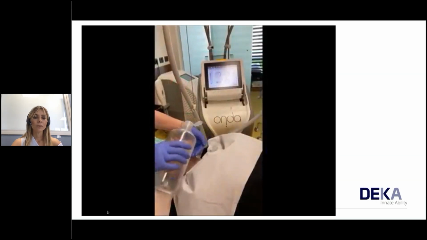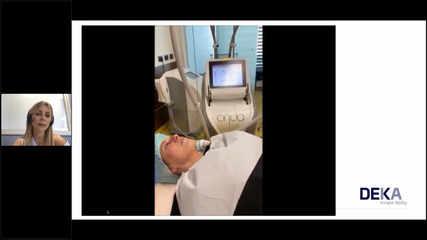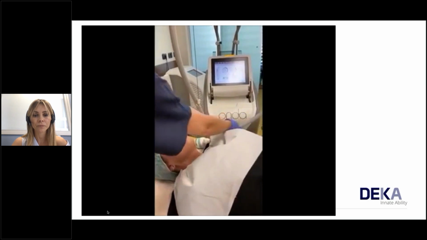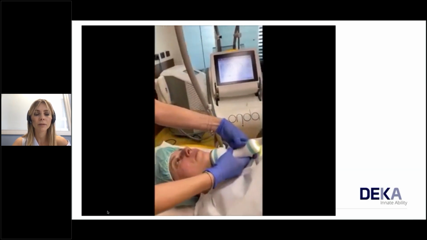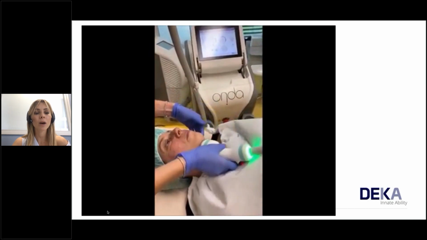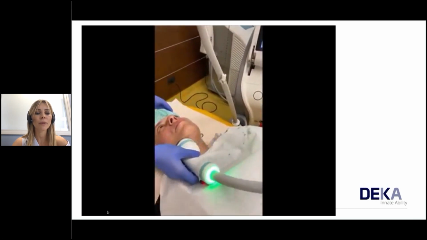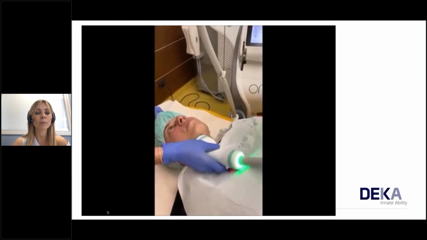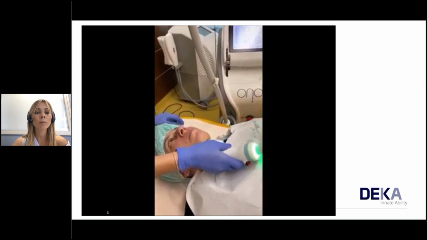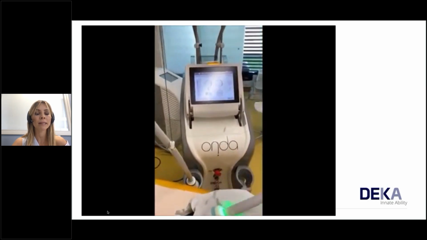This is a video how we perform the treatment with Onda in the submental area. We use the shallow end piece. It's important a correct coupling. It's important to avoid the thyroid notch. It's important to avoid the mental bone, so to stay 1.5 centimeter below the mandibular bone.